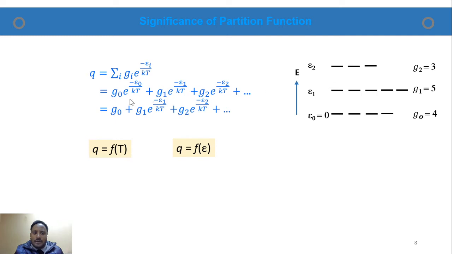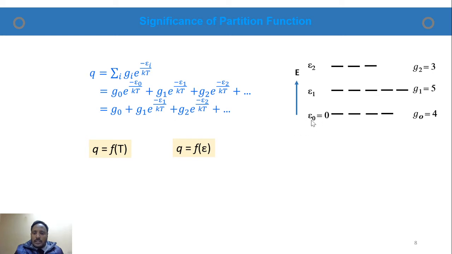The first term relates to the lowest energy level having energy E0 and degeneracy G0, considering that the energy levels are degenerate in nature. The second term gives us the contribution from the first excited state energy level, that is E1, the third term relates to the E2 energy level, and so on.